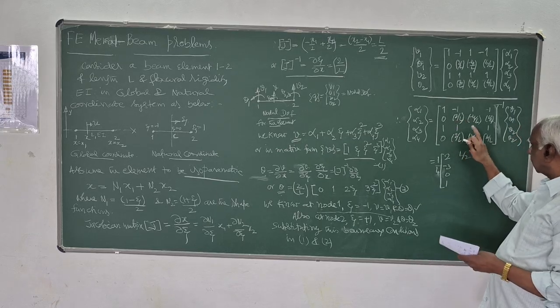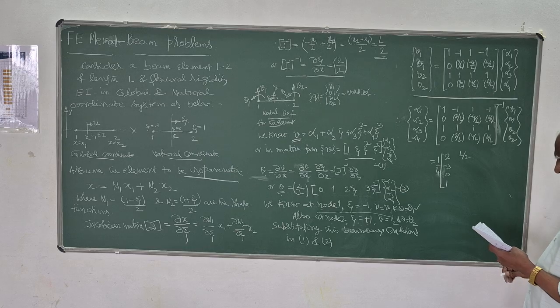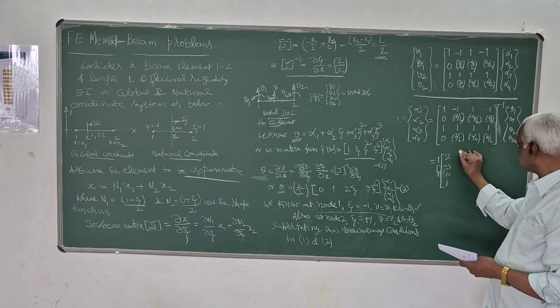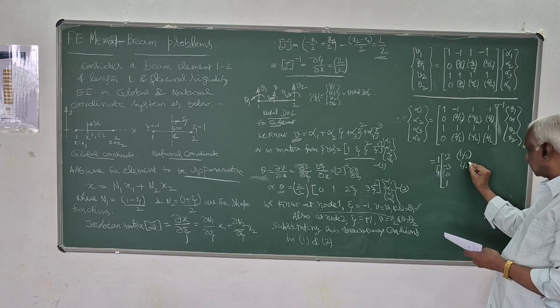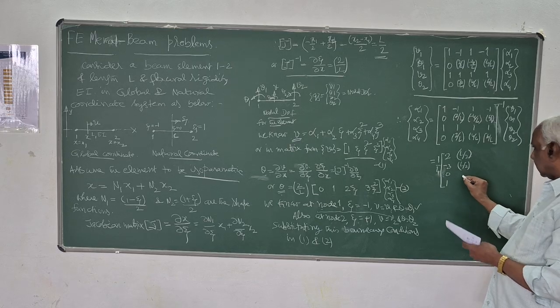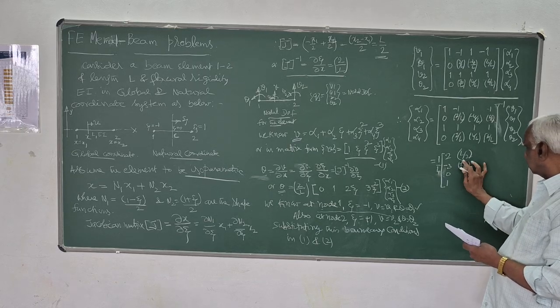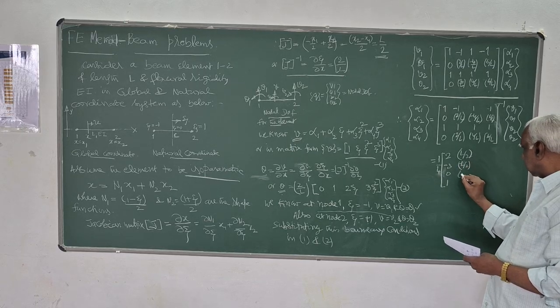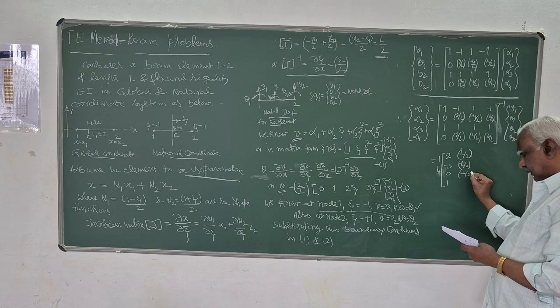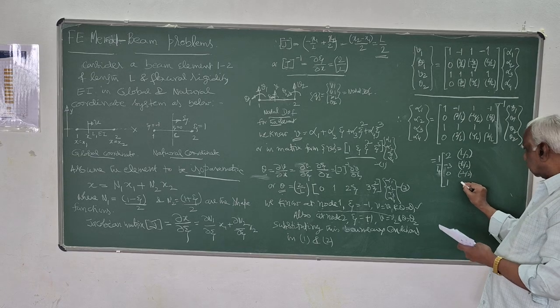Instead of 2 by L, you will get L by 2, L by 2, then minus L by 2, minus L by 2, then L by 2.